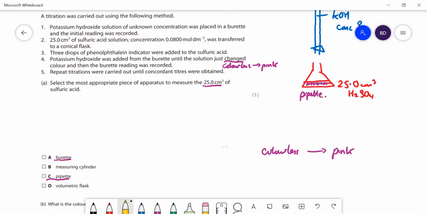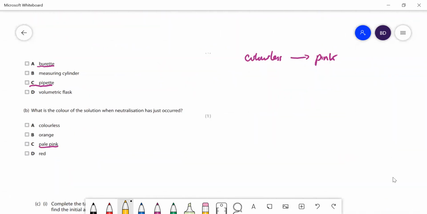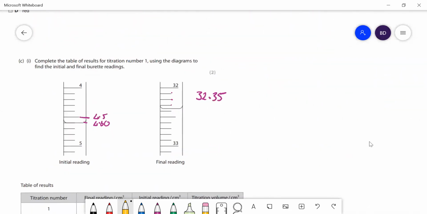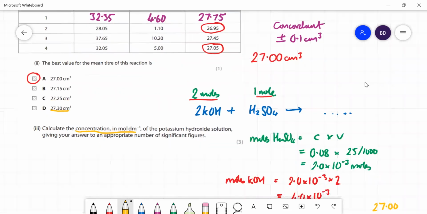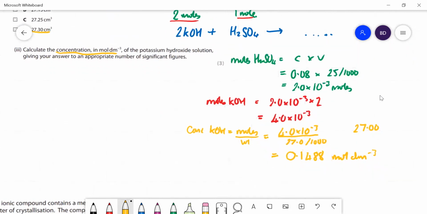This is given to 3 significant figures. That's given to 3 significant figures. This is given to 3 significant figures. So we should give our answer to that, so we need to get rid of the last figure. Our answer should be 0.149 moles per decimeter cubed.